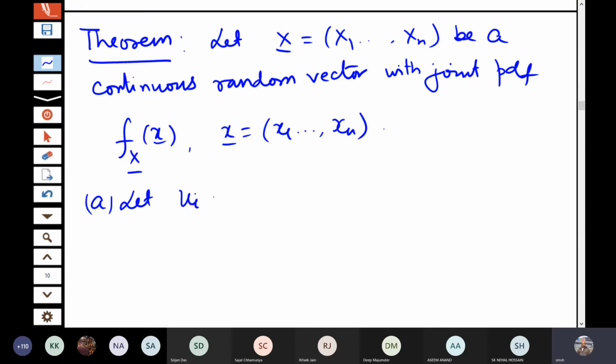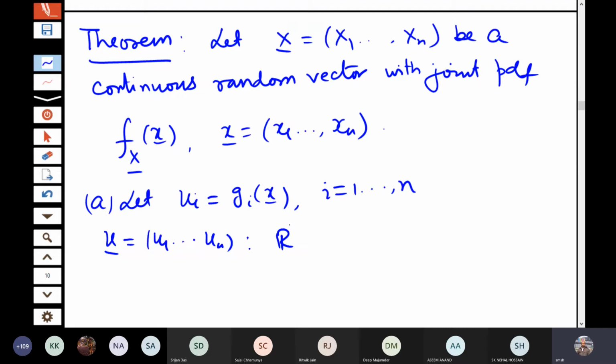Let Ui equal gi of X, i equals 1 to n. So I am considering Rn to Rn, and this U, equal to U1, U2, ..., Un, is a function from Rn to Rn.